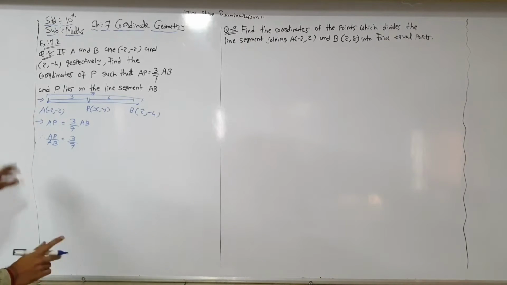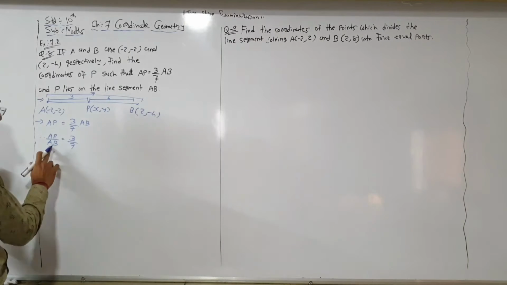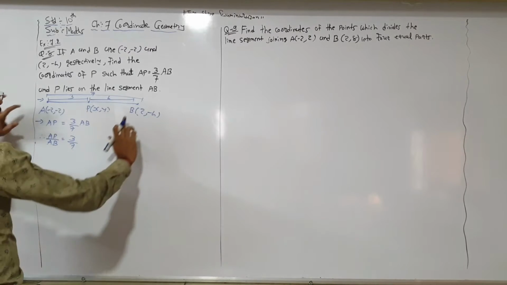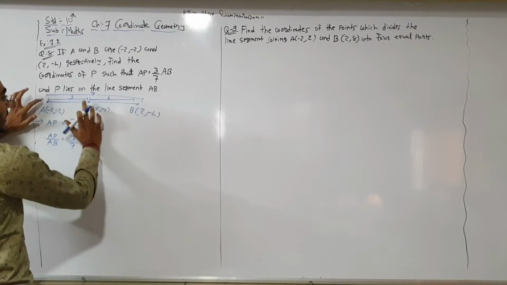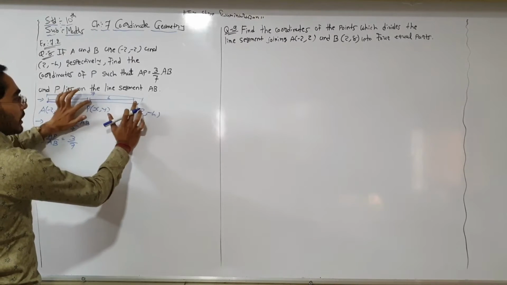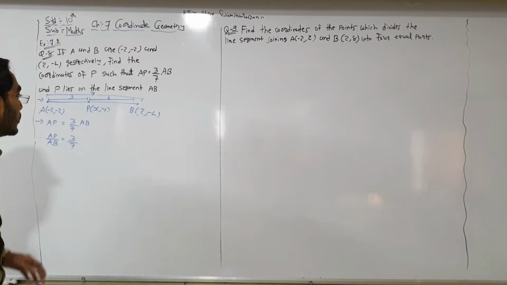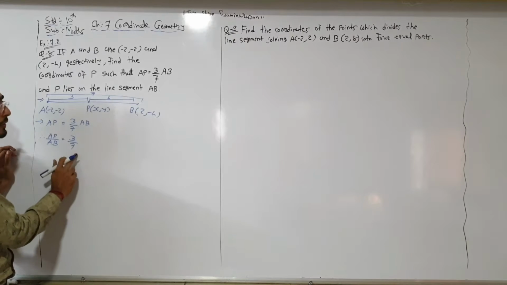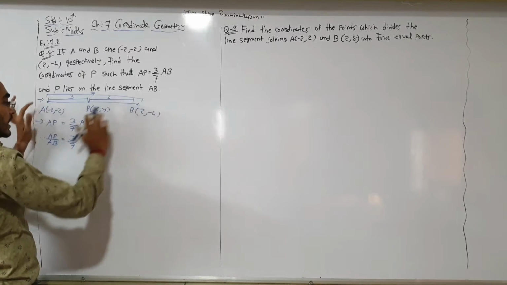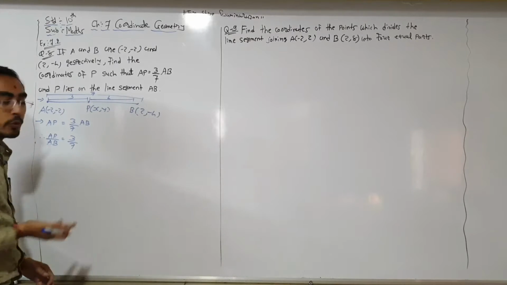Right? Here, this is not the exact measurement. This ratio just shows the parts. Total AB we have 7 parts. Now in that AP has 3 parts, so the remaining 4 parts are for the PB.